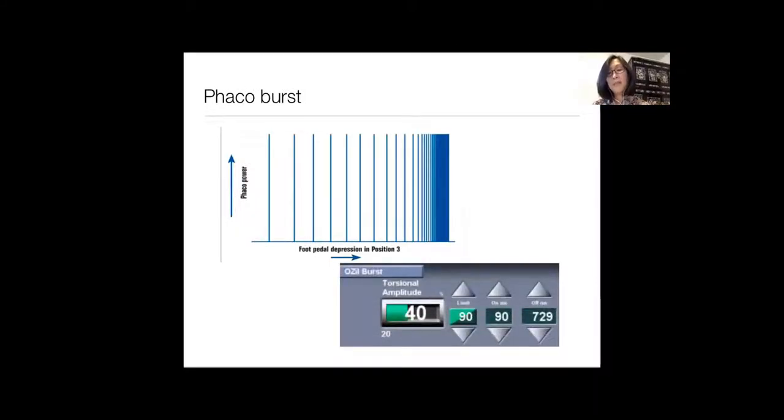This shows you how many milliseconds between each of the bursts, the minimum and the maximum, and allows you to adjust the amount of time that the phaco is on. This can be very helpful to burst in and grab onto a large chunk.